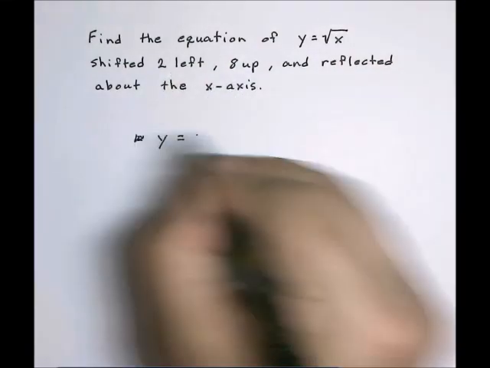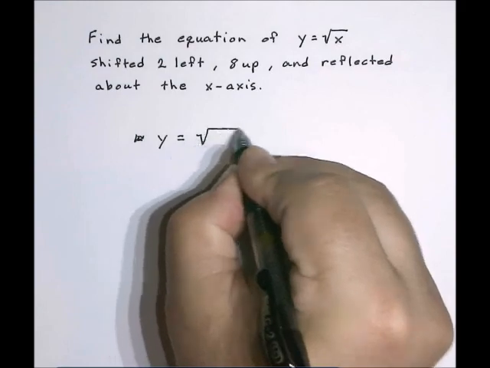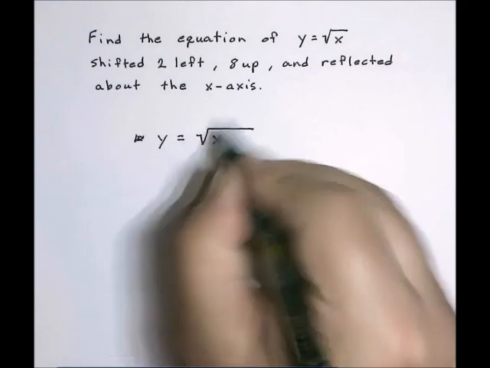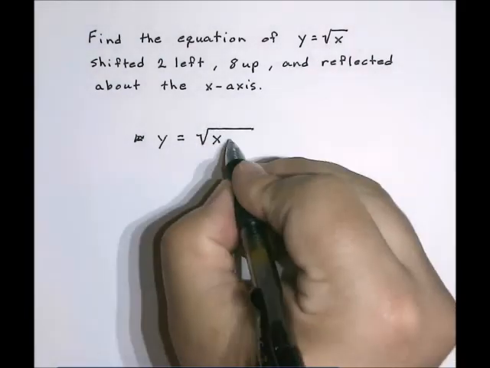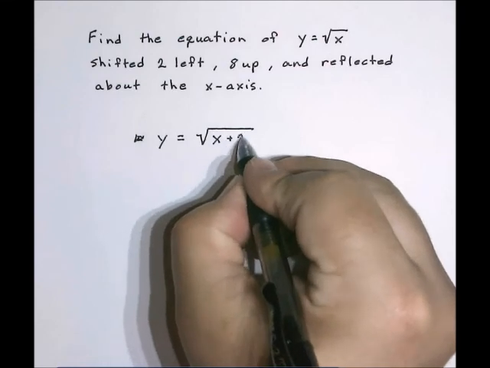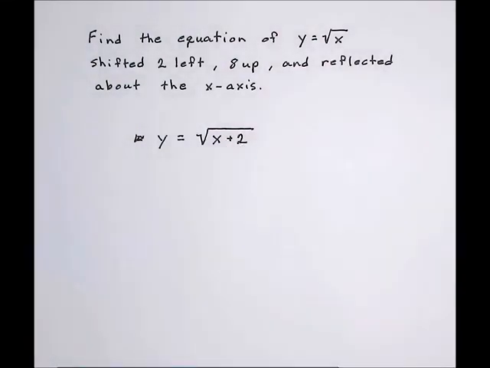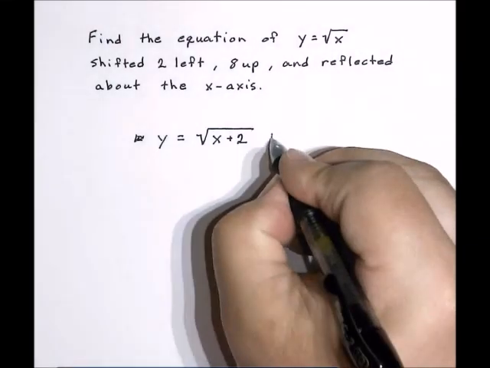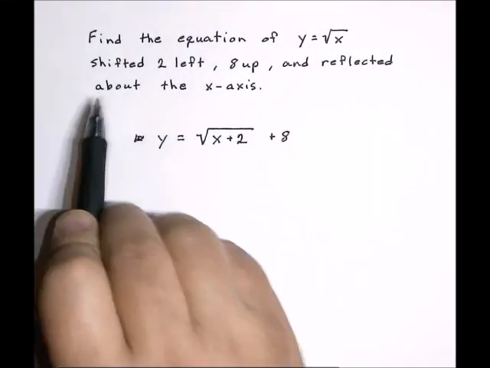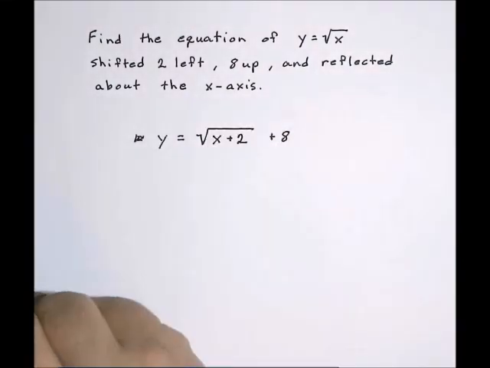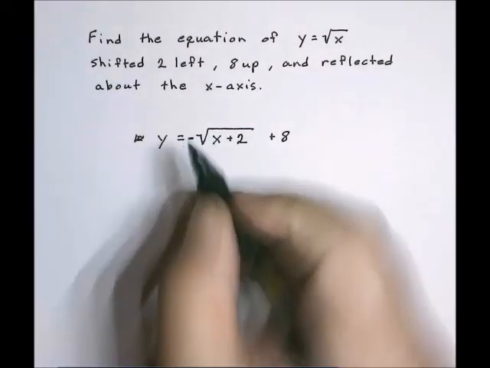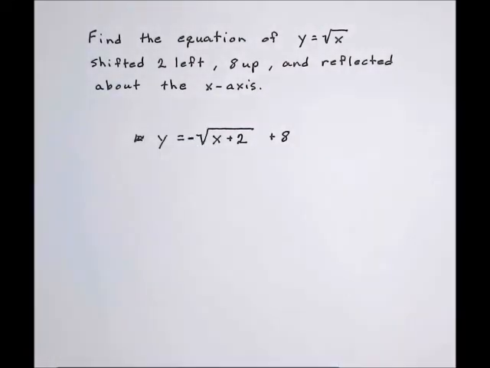The 2 left is going to be a constant inside the radical, and left is a positive. 8 up is a +8 outside, and the reflection around the x-axis is a negative outside of my function. And I'm done.